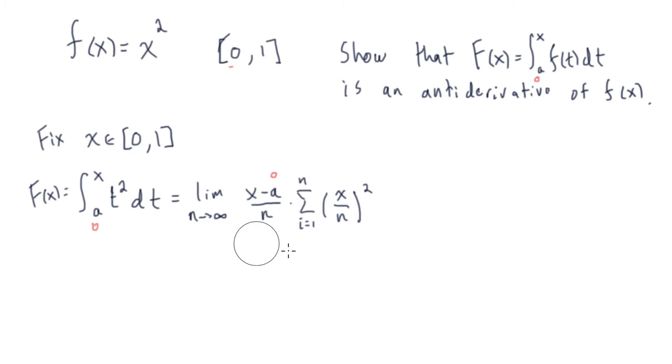And my base is really just x over n, because it's x minus a over n, but remember that a is 0, so it's just x minus 0 over n, or x over n. Okay, hopefully that wasn't too confusing. I'm just setting a to be 0. It really wouldn't matter. It would just affect which antiderivative I'm doing, whatever my left endpoint is.